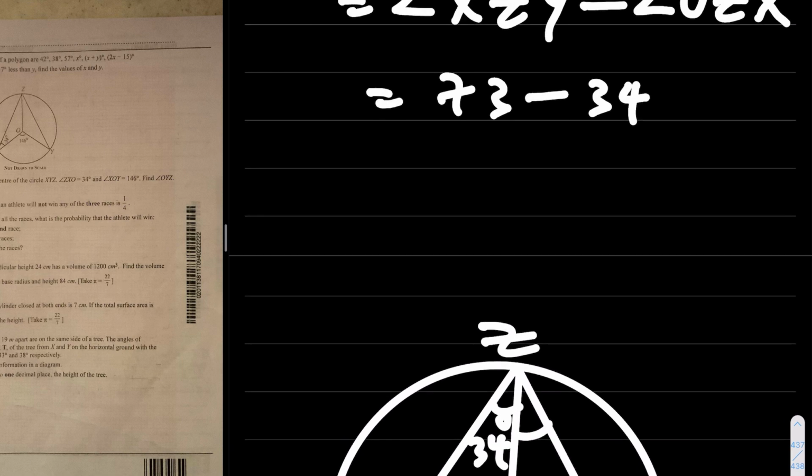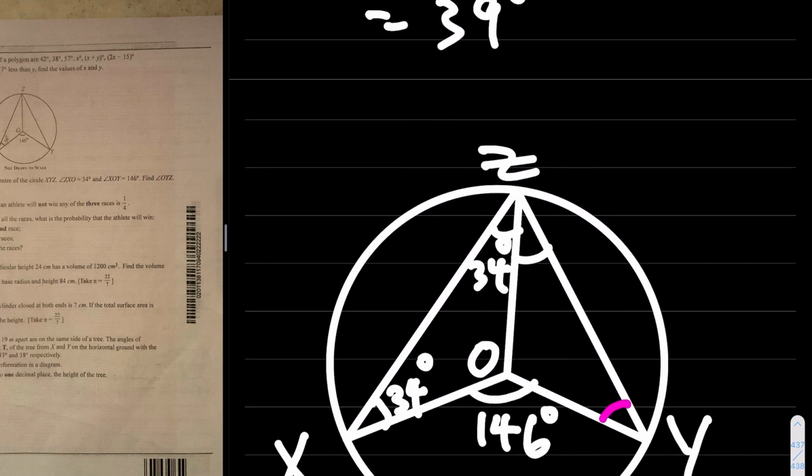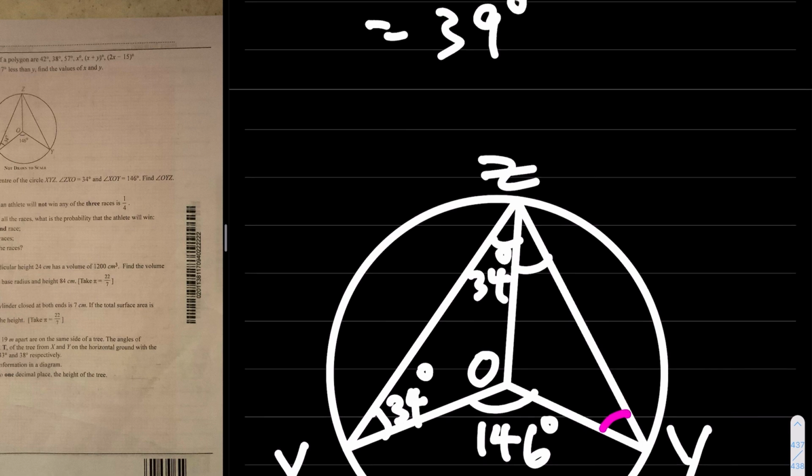That's 39 degrees. Is that correct? 73 minus 30 is 43, minus 4 is 39. Yeah, that's 39 degrees. So OZY is 39 degrees.